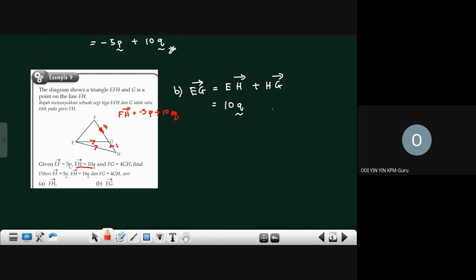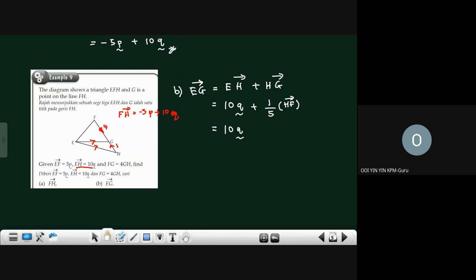But now we want HG. HG is only one part, so that is one of your 5 parts, 1 over 5 overall, and then multiply with your FH. HG, suppose here HF first, plus 10 over Q, no change. But we don't have HF.